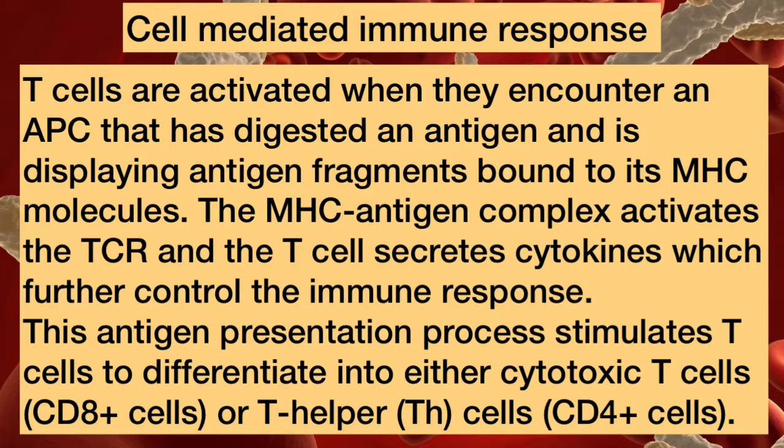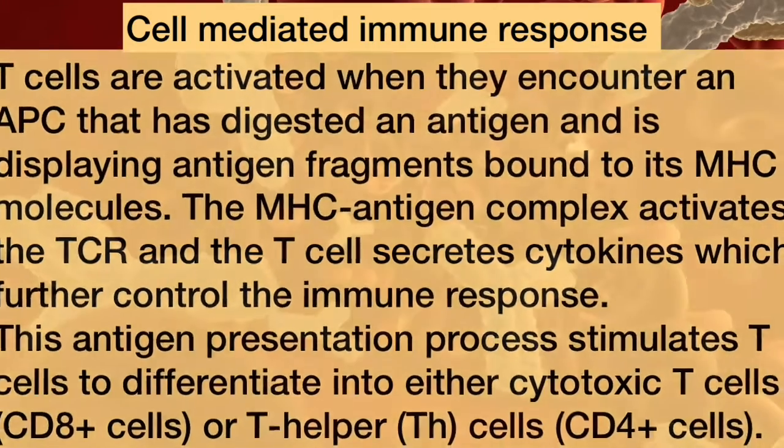The major histocompatibility complex antigen complex activates the T cell receptor, and the T cell secretes cytokines which further control the immune response. This antigen presentation process stimulates T cells to differentiate into either cytotoxic T cells or T helper cells.